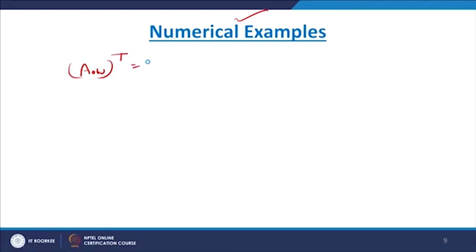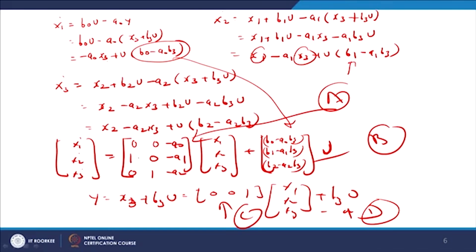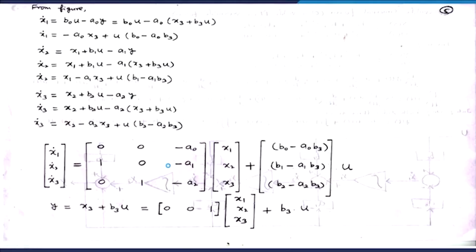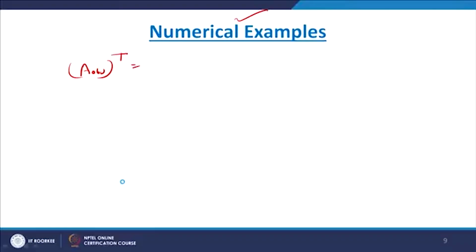So we find that A observable is 0 0 minus a0, 1 0 minus a1, 0 1 minus a2. If we take the transpose of this, what do we get? The transpose is 0 1 0, 0 0 1, and here minus a0 minus a1 minus a2.